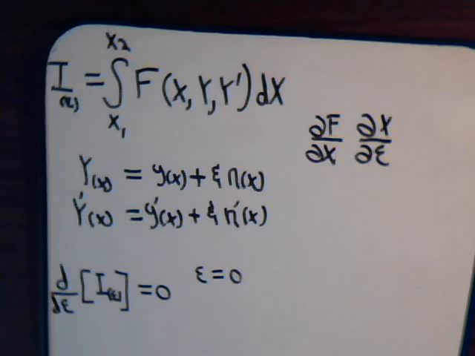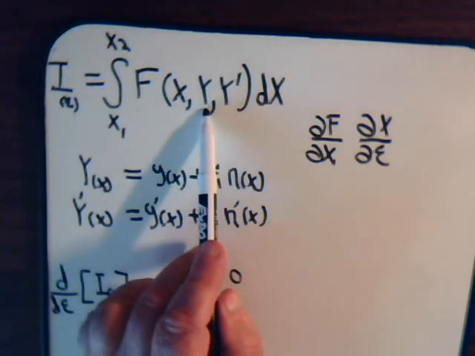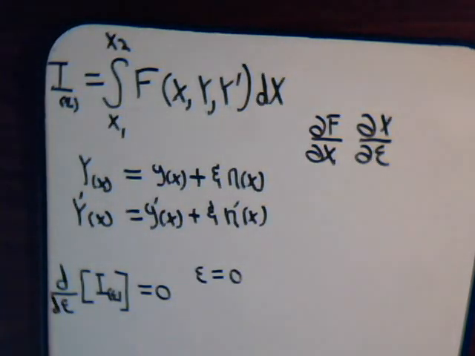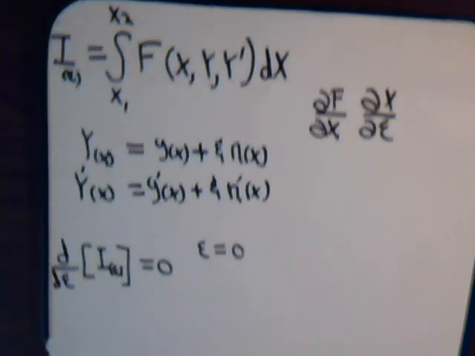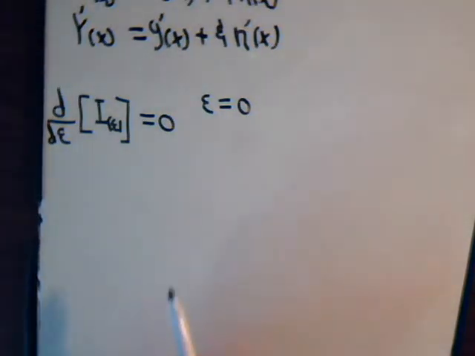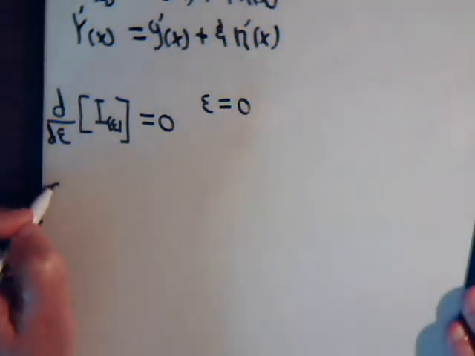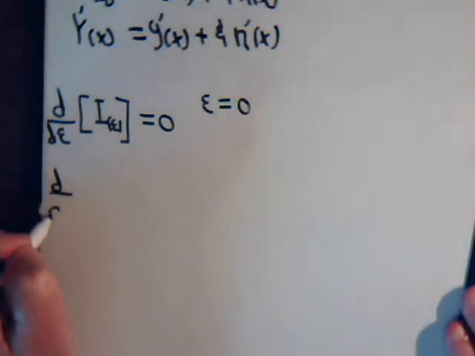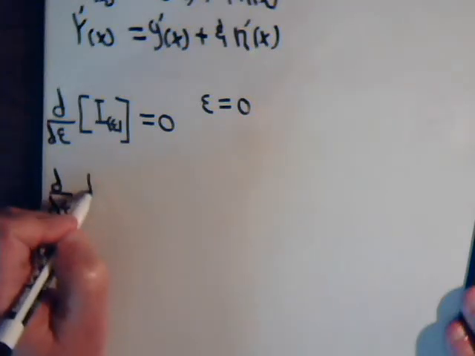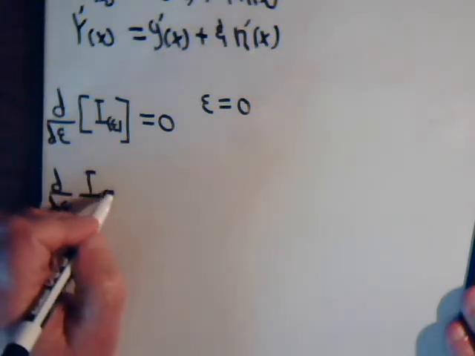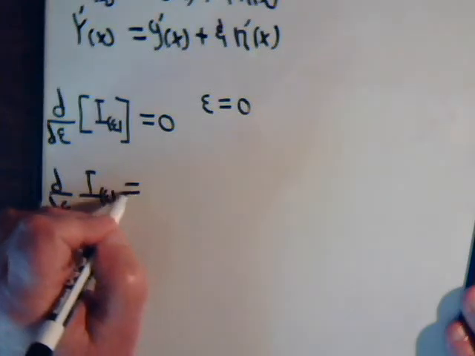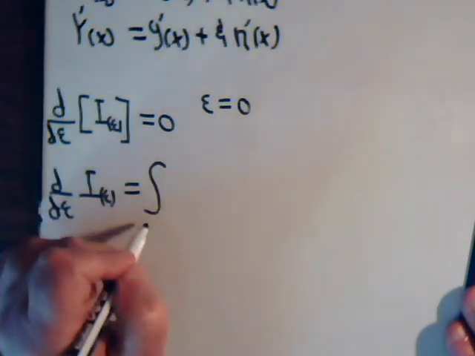But that's going to be 0 because x does not depend upon epsilon. Only capital Y and capital Y prime depend on epsilon. So to take d d epsilon of our integral, that would mean it's going to look like this.